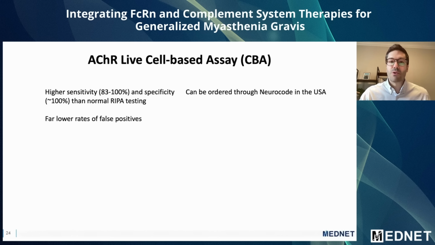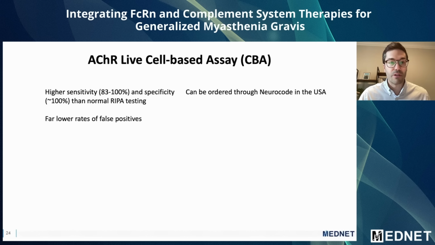Now, in the cases where they are negative, there's been newer testing that has come out that's called a live cell-based assay that can pick up some of these lower titer AChR antibodies when they're negative, say, on the Mayo test. It's been found to have a higher sensitivity, reported at 83 to 100%, and a specificity of virtually 100%.